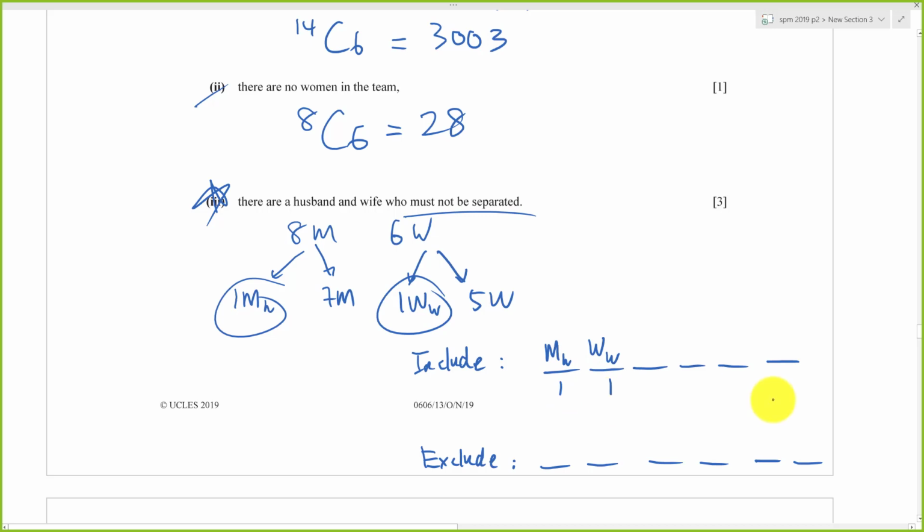No need, because you specifically choose the husband and choose the wife. So it's just 1 and 1. And then for the other 4 people here, they don't say they want any other condition. They just focus on husband and wife only. So what I will do over here is join the men and women here, becoming 12 people. Between the 12 people here, you're going to choose 4, right? So it's just 12C4.